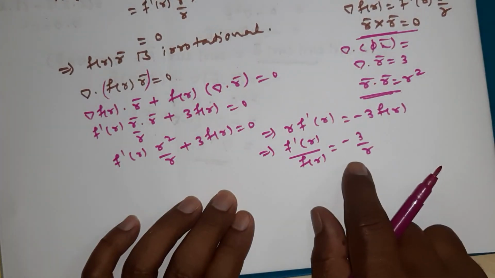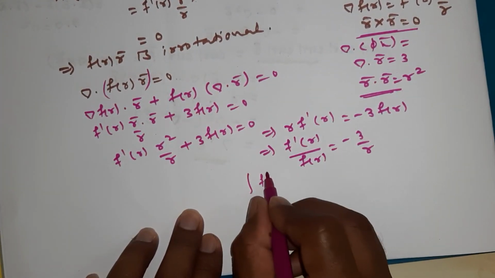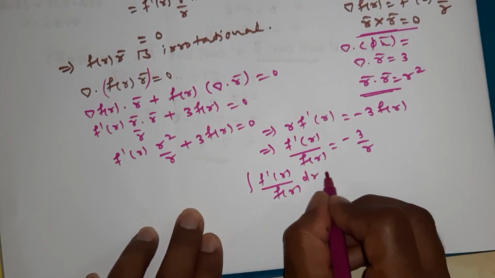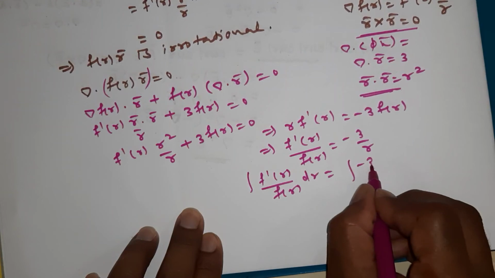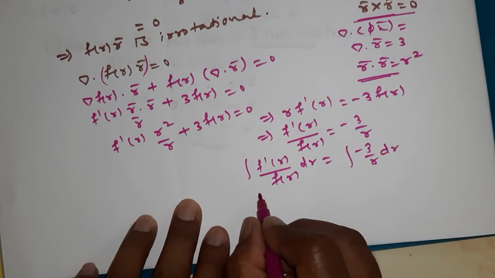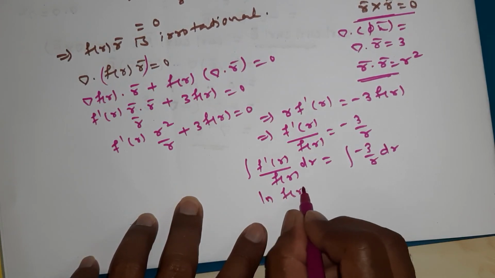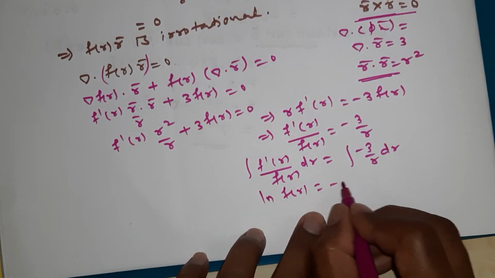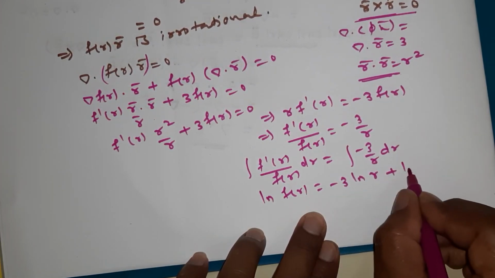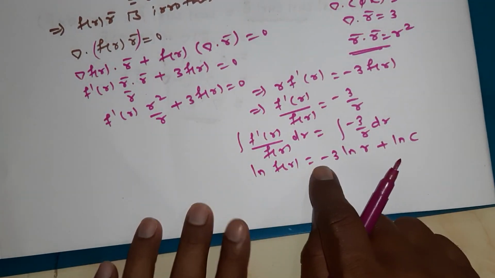Variables are separated, now integrating. So here the integration of f dash of r upon f of r dr is equal to the integration of minus 3 upon r dr. So what is our integration? Log of, or ln of f of r is equal to minus 3 ln of r plus ln c, or you may write log directly, no problem.